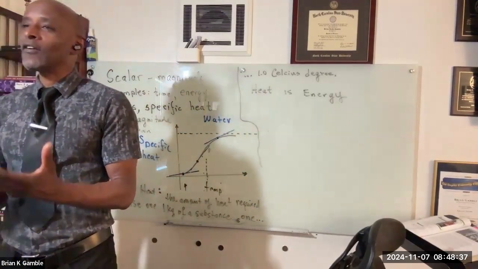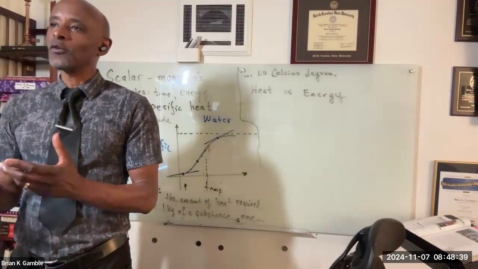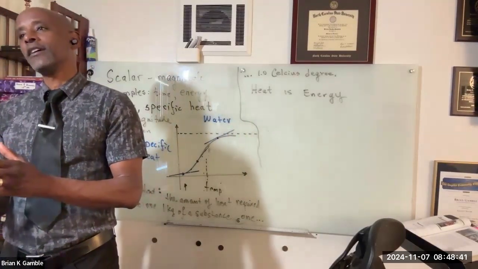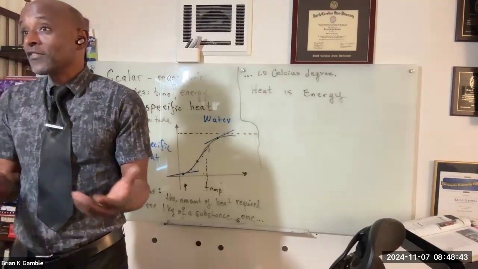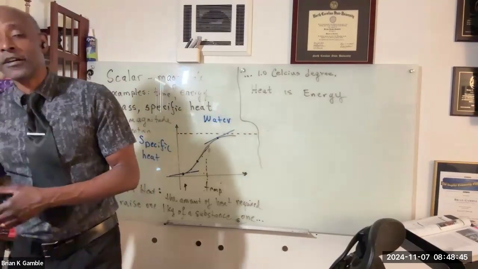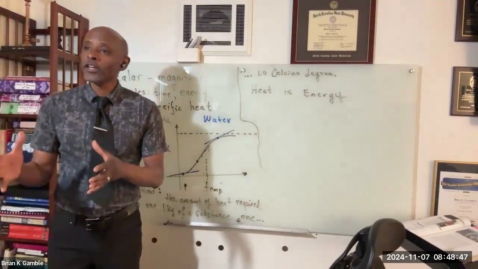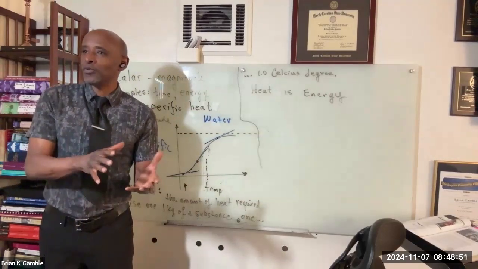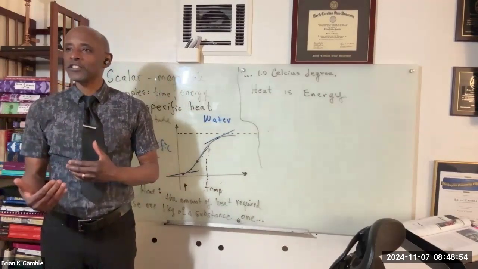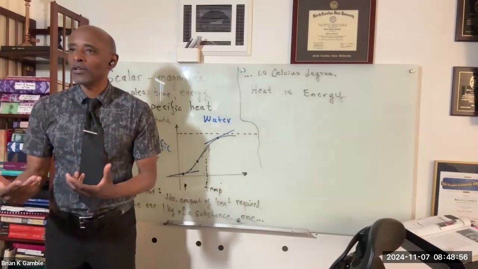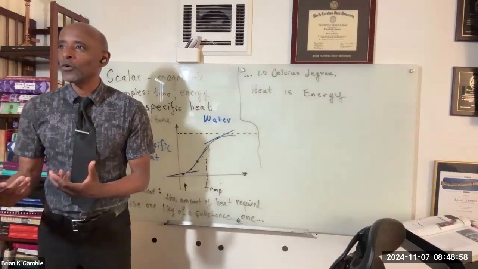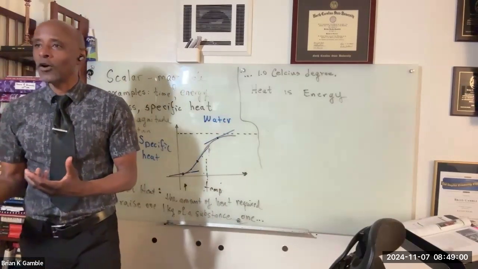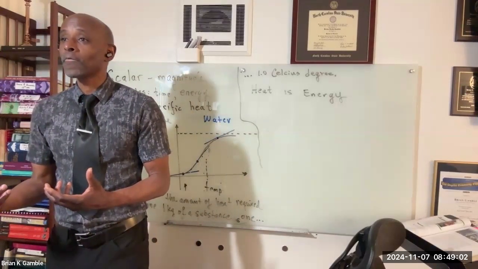Kinetic energy is energy of motion, potential energy is energy of position. Work is basically energy that's either put into a system or taken out of a system, depending on what type of work we're doing.